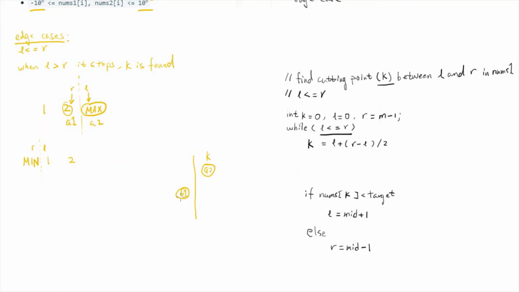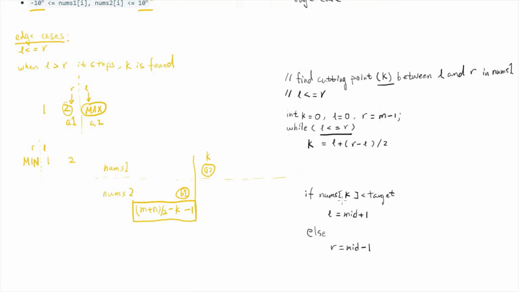To calculate the position for B1, the formula is to use half of the total size, which is m plus n divided by 2, minus k and minus 1. So this formula gives you the index for B1. So here is nums1, and B1 is in the nums2.